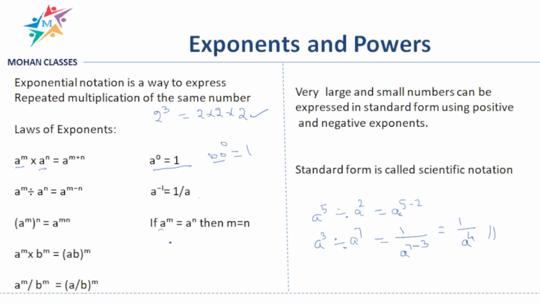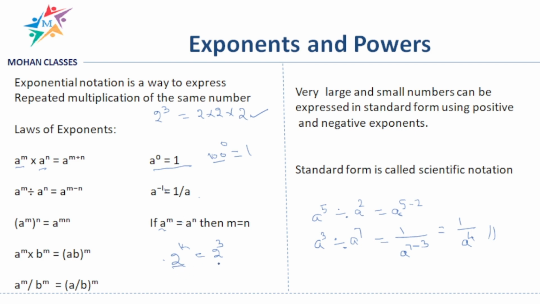Okay. Now here, a to the power of m is equal to a to the power of n. If a to the power of m is equal to a to the power of n, with the same base, then the powers will be the same: m is equal to n. Suppose it is like this: 2 to the power of k is equal to 2 to the power of 3.